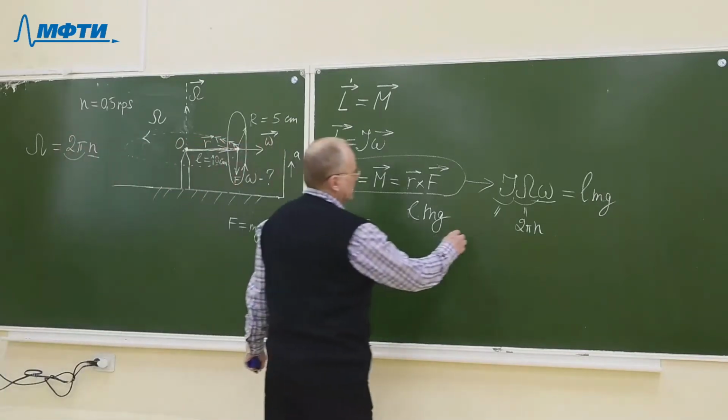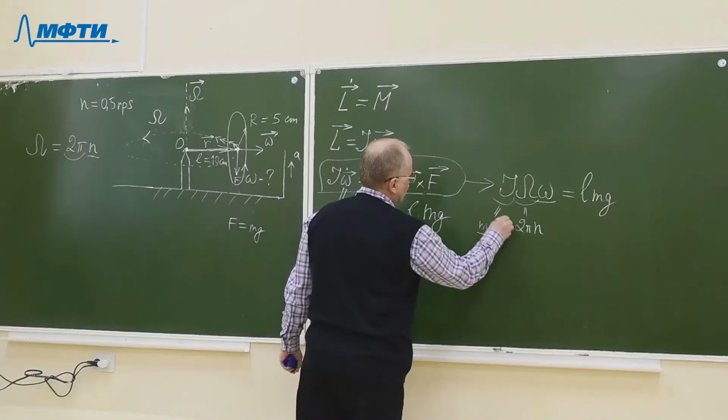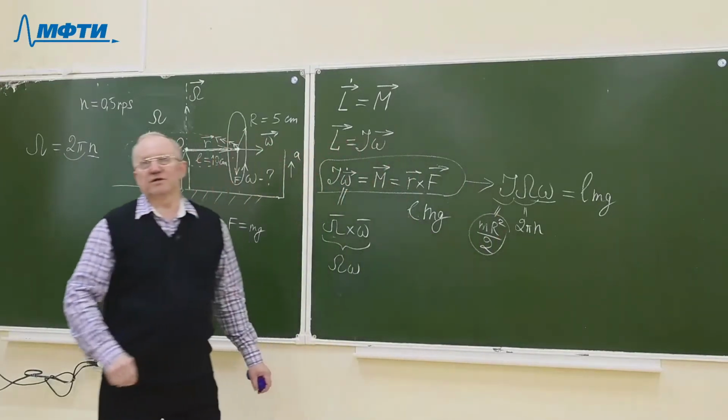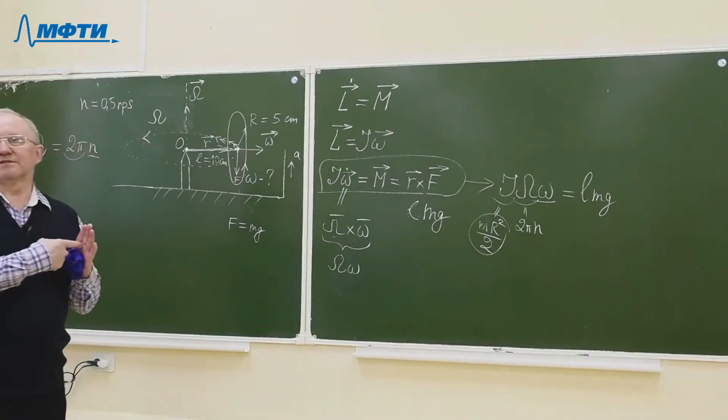You know very well this formula. This is mr squared divided by 2. That's the moment of inertia of such a disk about the axis which is perpendicular to the disk.